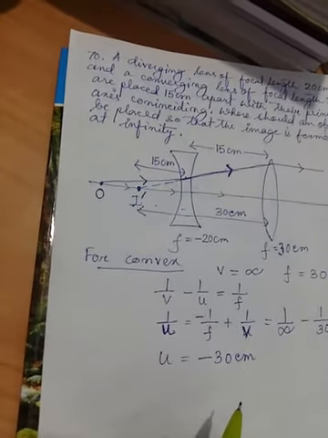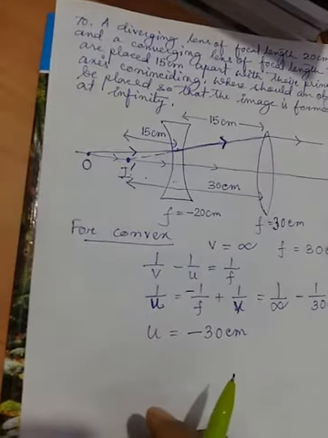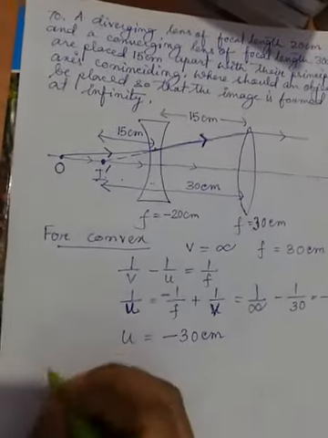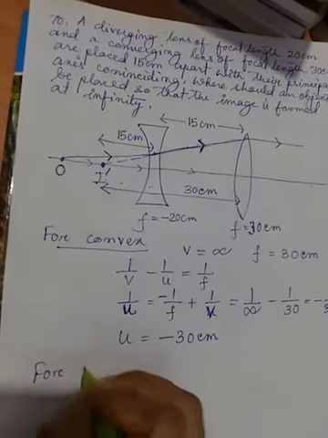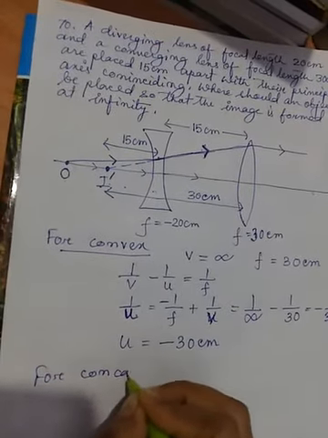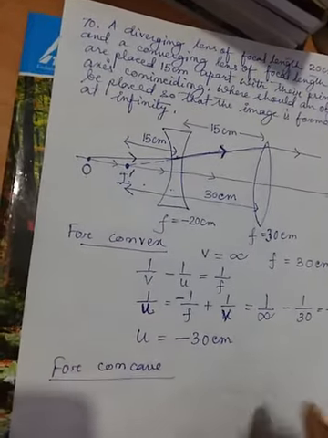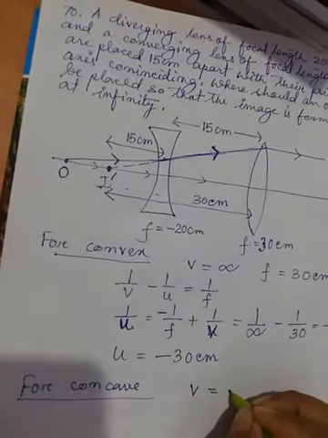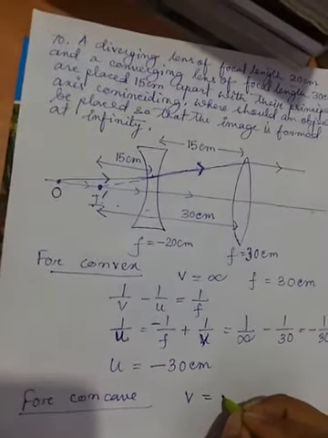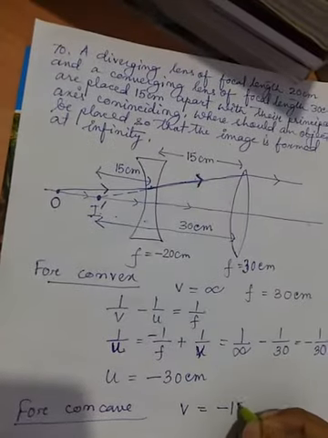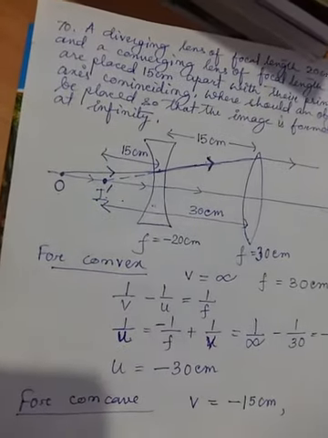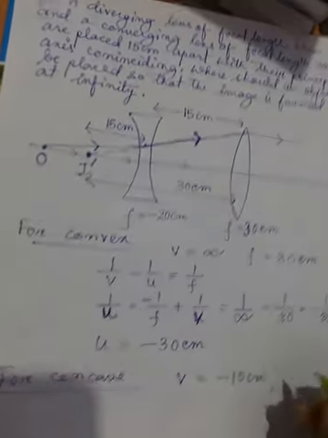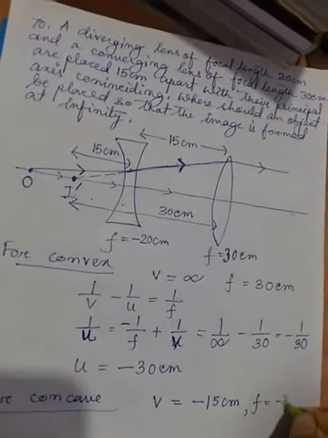But on which side is it present? It is present on the left hand side. For concave, is the image distance v positive or negative? It becomes negative, so v is minus 15 centimeter. Focal length is minus 20 centimeter.